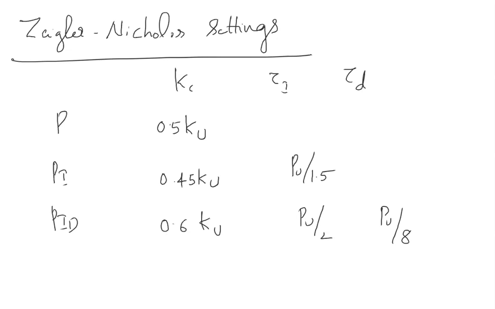So what you are doing is, suppose just look at this scenario. Ziegler Nichols settings is something which goes directly into the plant.